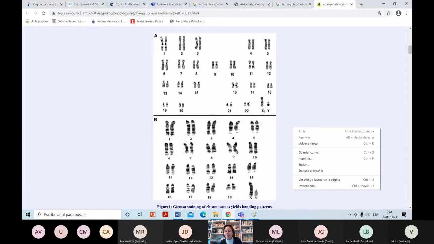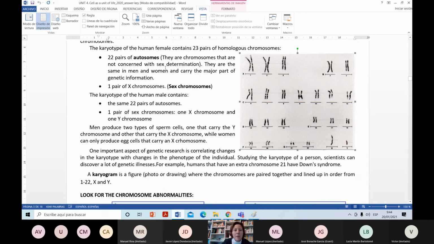That's why we say X for the one that is complete, and Y, which is like an X but a little bit shorter, is lacking this part. Well, we use these two letters, X and Y, for boys. If this organism was a girl, it would have the same, but this chromosome would be as big as this one. Then we would say that the organism is double X and it belongs to a girl. The karyogram belongs to a girl.